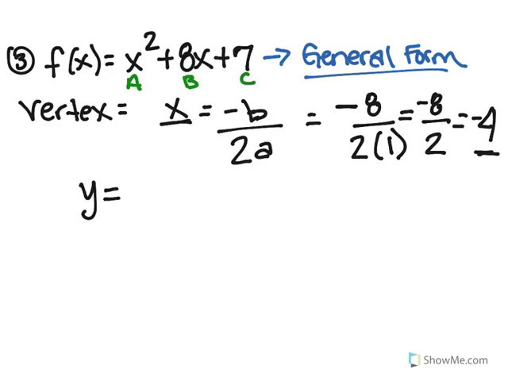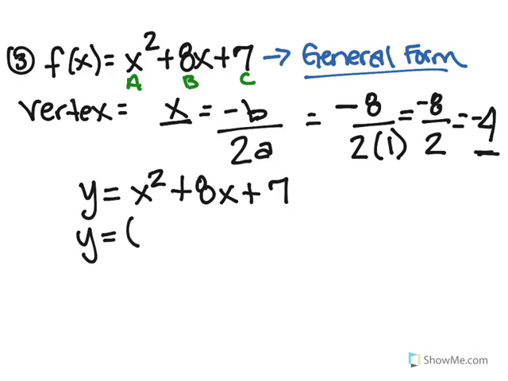So we go back to the equation, x squared plus 8x plus 7, and plug in negative 4 where x is. We square it, which gives us a positive 16.